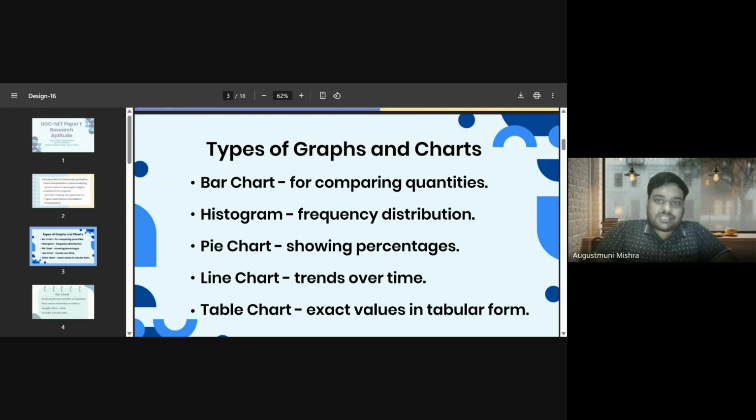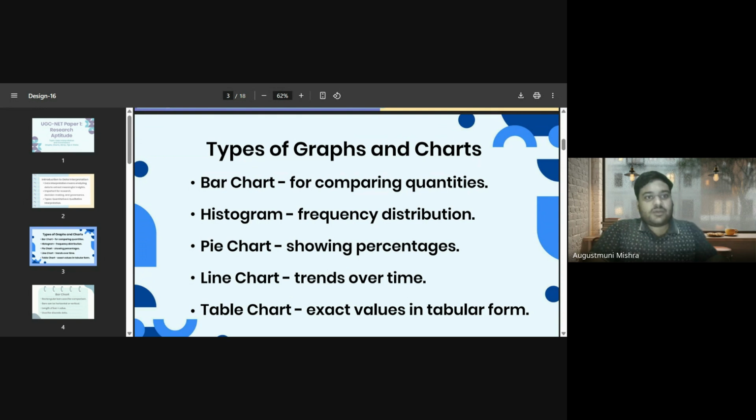Bar charts are used for comparing quantities, like previously when we were solving different ratios, at that time also we were comparing different quantities. Histograms are for frequency distribution. Whenever you are performing research and you want to know the frequency of data in the particular data you have collected, where the things are, on which side the things are more, like when you are preparing a frequency table.